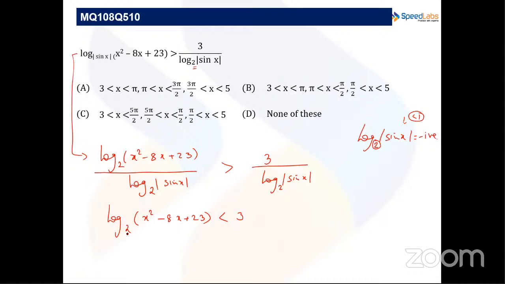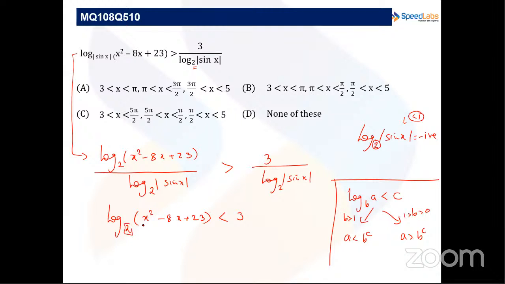Okay. So for logarithmic inequalities, if we have log a to the base b less than c, then whether a will be less than b to the power c, or greater than b to the power c, is determined by b. If b is greater than 1, then the sign of inequality remains the same, but if b lies between 0 and 1, then the sign of inequality changes.